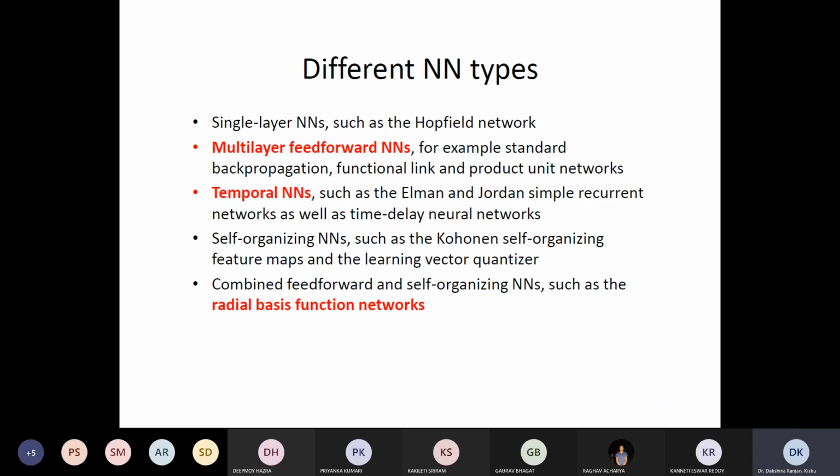They discover new patterns, generate clusters, or reduce the dimension of the feature set into some reduced dimension. So based on the different mechanisms and architectures of the networks, we can have different types of neural networks.